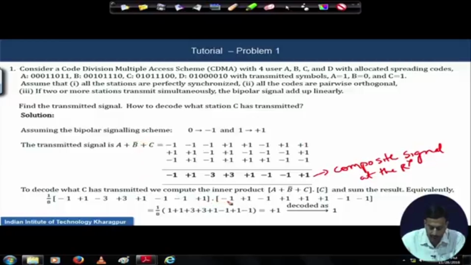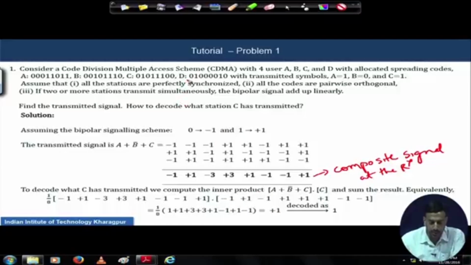While multiplying the composite signal, we have to multiply it not with the complement but only with the original code B, because that is what is available at the receiver. The receiver doesn't know what the transmitter had sent, so all it has are the codes A, B, C and D, and so multiply the signal with B and you will get back -1. You can verify that separately.